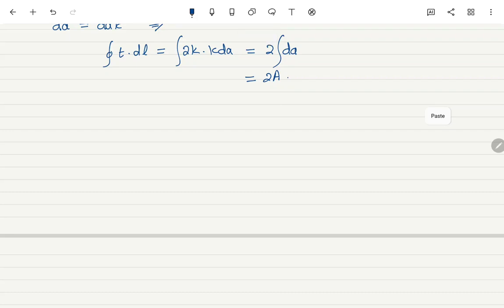Now, let's discuss successive application of the del operator.